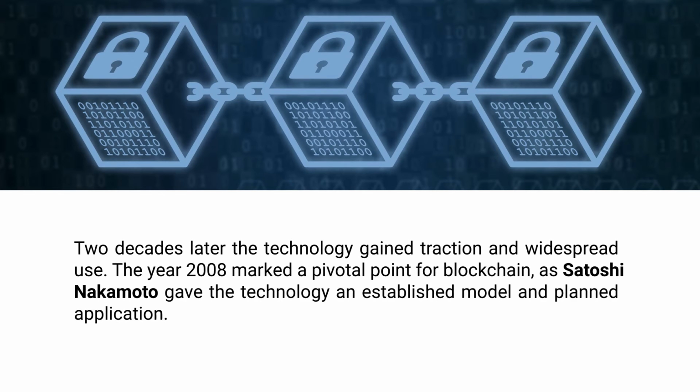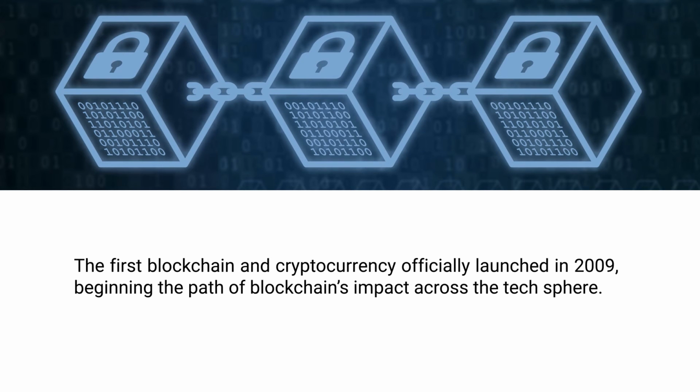Two decades later, the technology gained traction and widespread use. The year 2008 marked a pivotal point for blockchain as Satoshi Nakamoto gave the technology an established model and planned application. The first blockchain and cryptocurrency officially launched in 2009, beginning the path of blockchain's impact across the tech sphere.